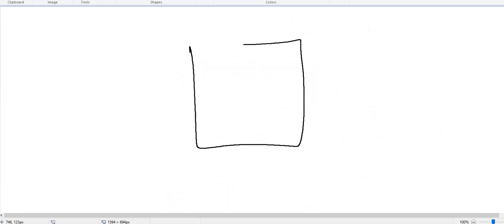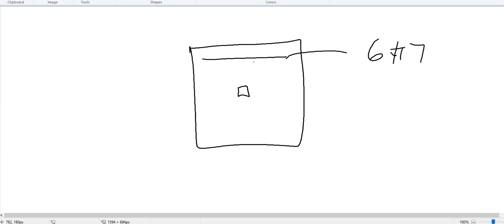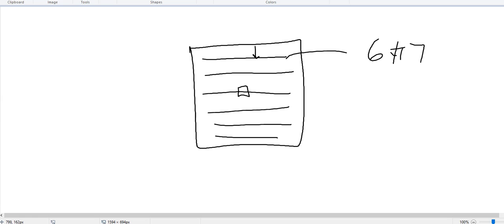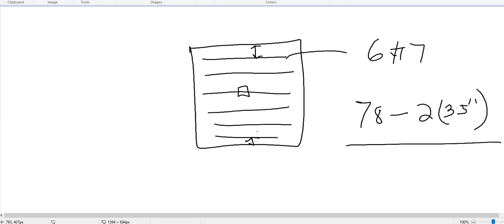This is the entire footing, and they are providing 6 number 7 bars. So 1 bar here, 2, 3, 4, 5, 6. What they are doing, they are deducting 3.5 inch here, 3.5 inch there. So total is 78 inch minus 2 times 3.5 inch. Whatever is available, 1 space, 2, 3, 4, 5 spaces, that is the 5 here. That will be our center to center spacing of the bar.